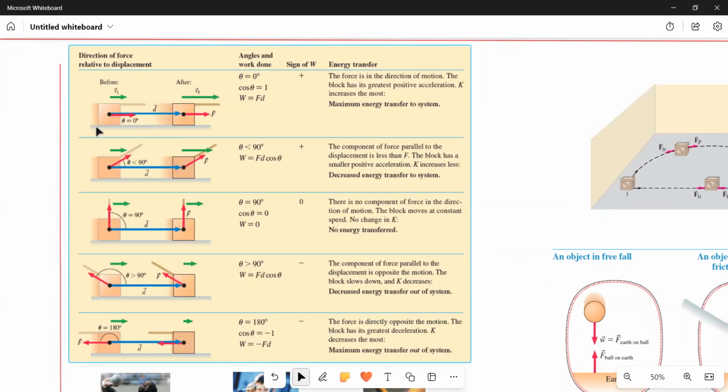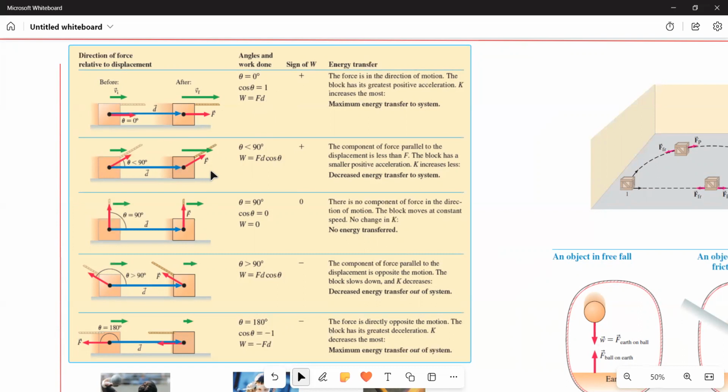A force is applied on the object, and because of the application of the force, the object gets displaced, and the angle between the force and displacement is 0. Moreover, the object is moving towards the right. So the force and displacement are along the same direction, and the angle between them is 0. So the maximum energy is transferred from the surroundings or the environment to the system. Okay, that is the meaning of this one.